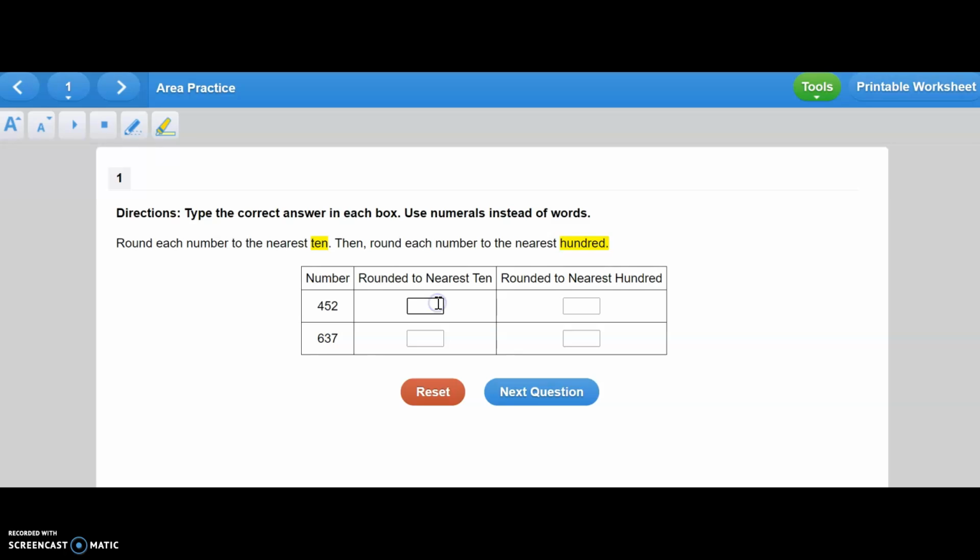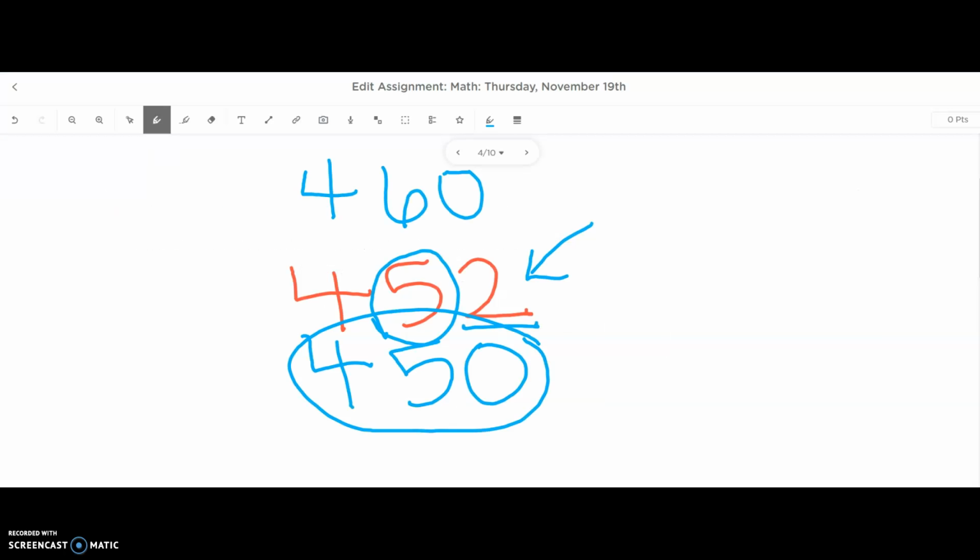Type out 450 after you wrote that out on your piece of paper. You need to pause the video or go back, you may, so I see this on your page. I'm also going to write a number 1 in the corner and circle it, so I know that this is my answer for number 1.